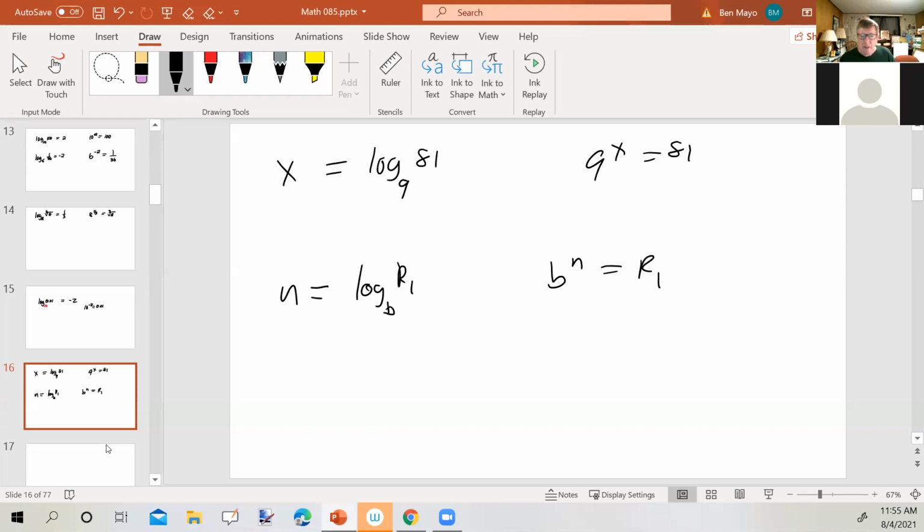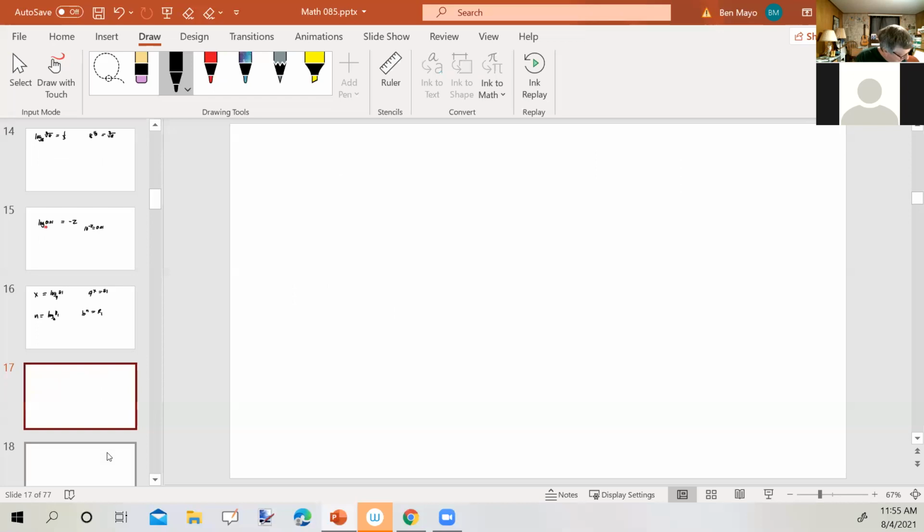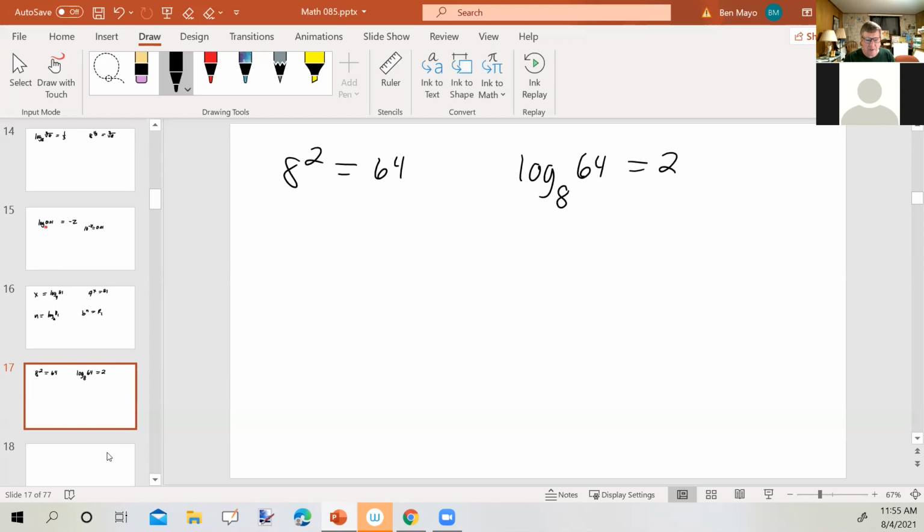All right. Now we're going to go the other direction. We're going to take exponential equations and write them as logarithmic equations. So 8 squared equals 64 becomes log base 8 of 64 equals 2. Base is the same, places change. 10 cubed equals 1,000.